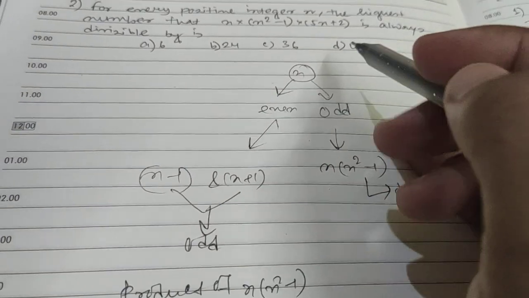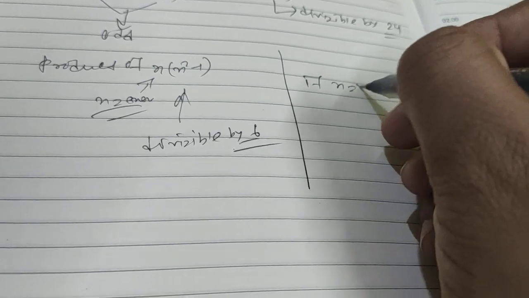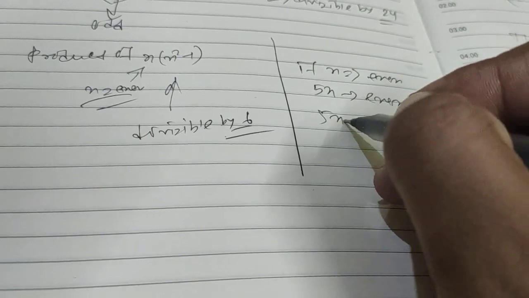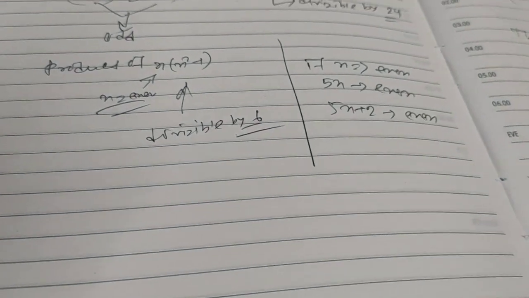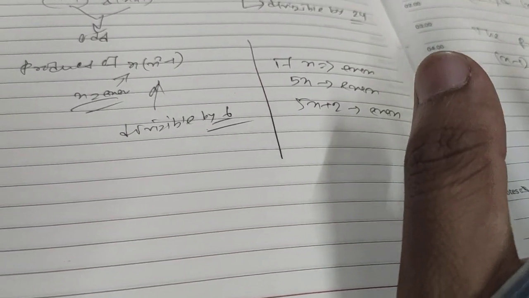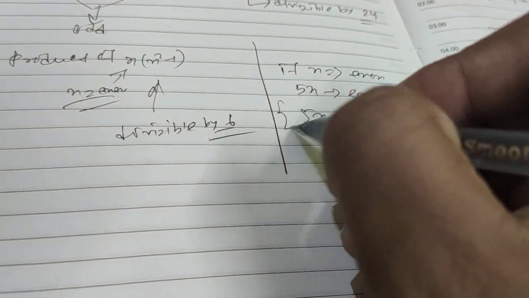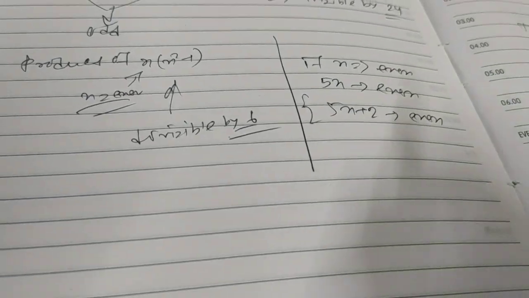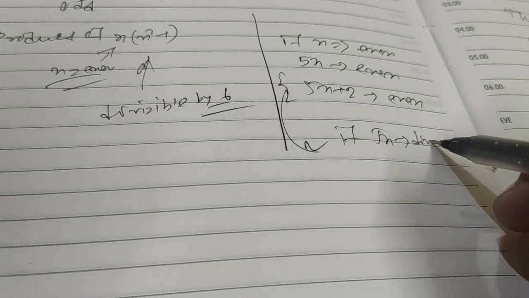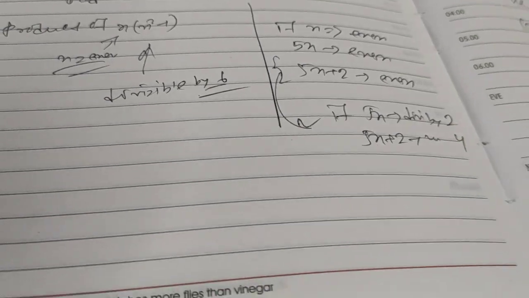So now 5n + 2 is also mentioned. If n is even, then 5n is also even and 5n + 2 is also even. These two are again consecutive even numbers. So if 5n is divisible by 2, then 5n + 2 is divisible by 4.